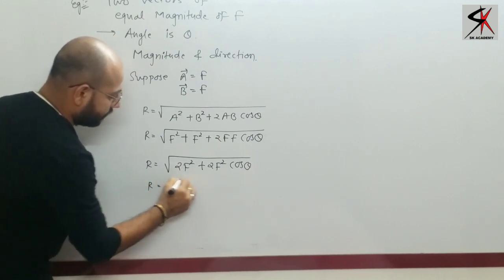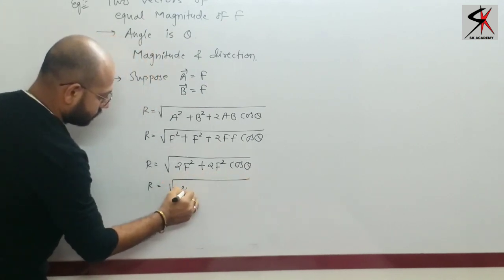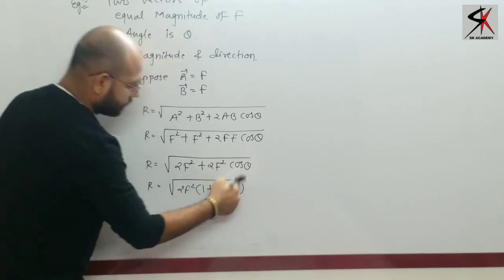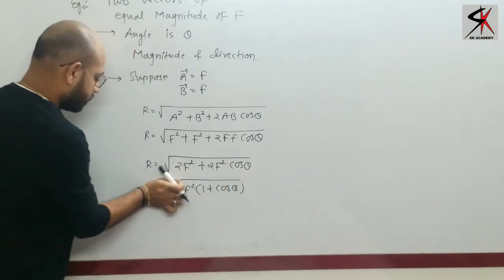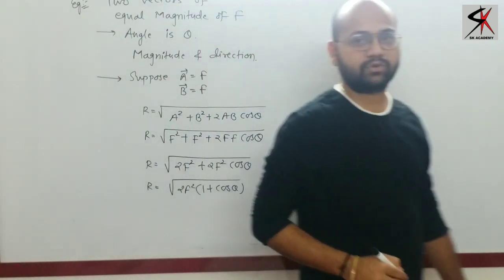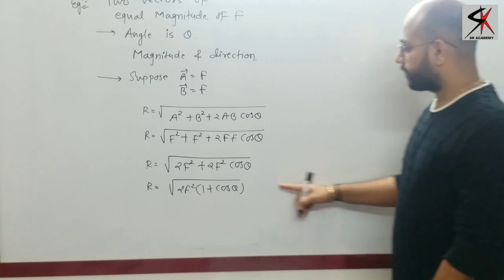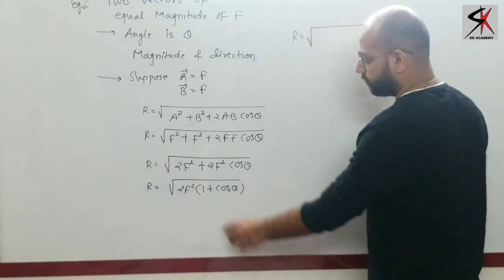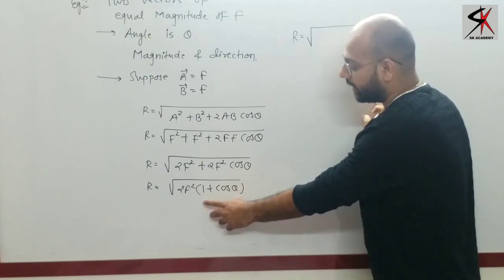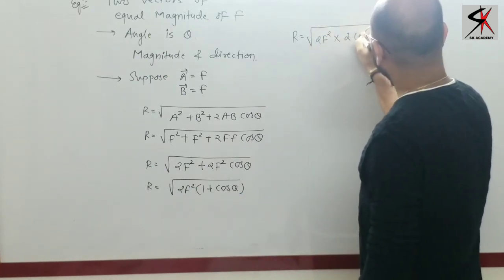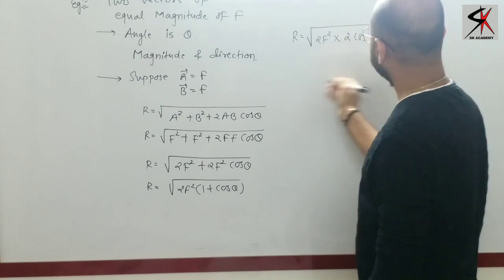Here 2f square is common, so in the bracket 1 plus cos theta. Now in trigonometry you will learn that 1 plus cos theta is equal to 2 cos square theta by 2. So we are applying the trigonometric equation here: 2f square into 2 cos square theta by 2.